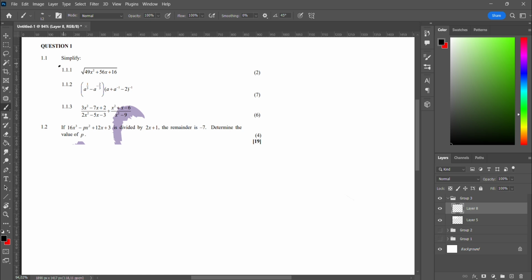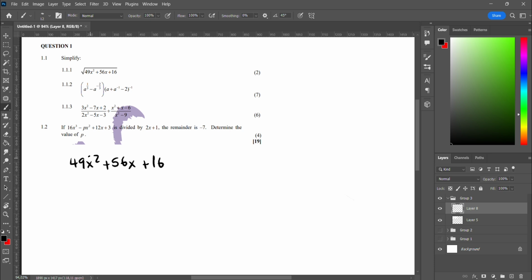Yeah, so simplify this. What I'm thinking is we need to have an identity. Not an identity, a square. So what is 49x squared plus 56x plus 16?